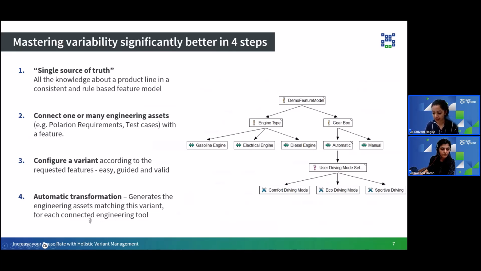Once the mapping takes place, the 100% variant is generated from the 150% superset assets, and you will see that this whole process is ensured in a very streamlined and precise manner. So these were the four steps on how you can finally derive your product variant. With this, I would now like to hand it over to Rachna to do the demonstration.